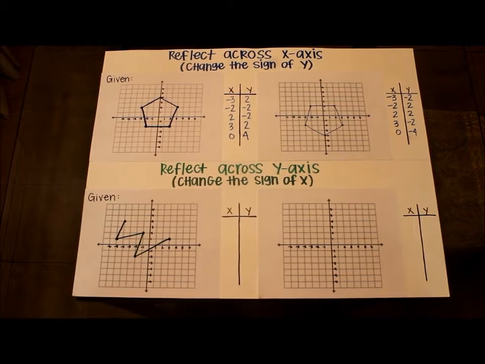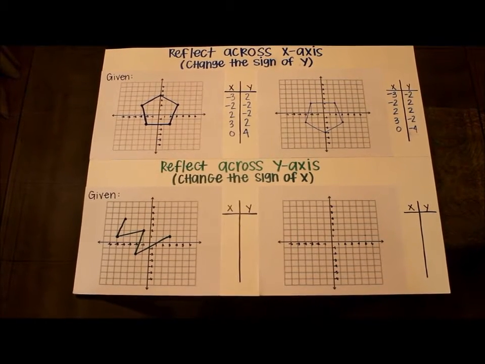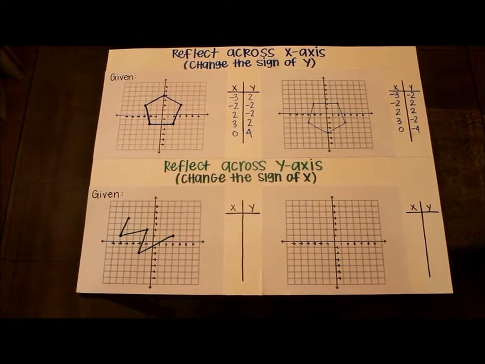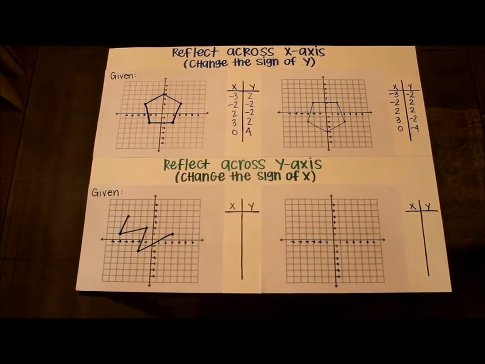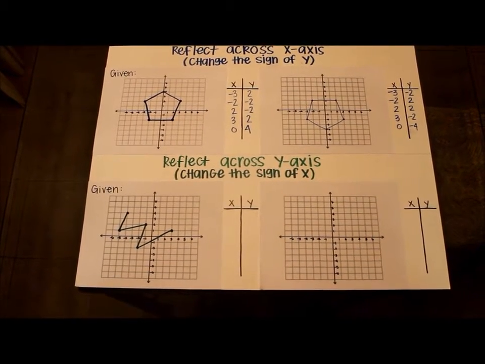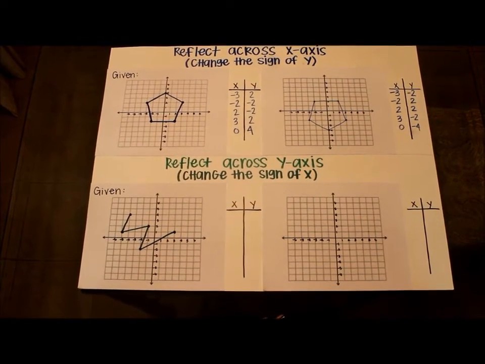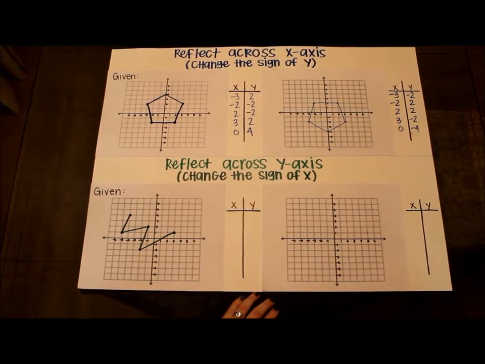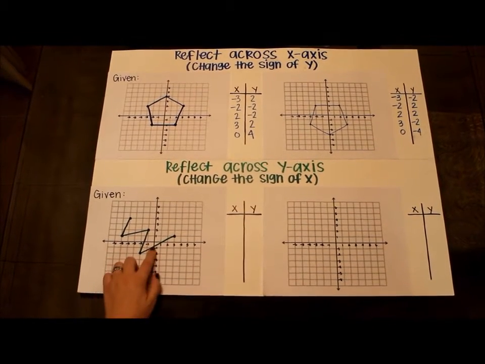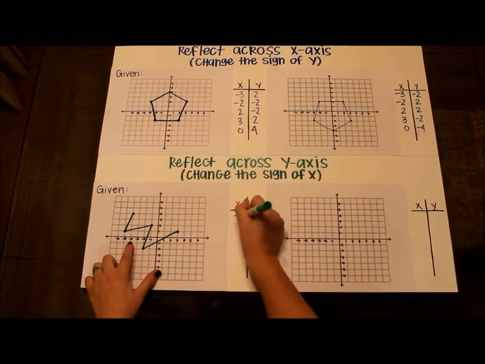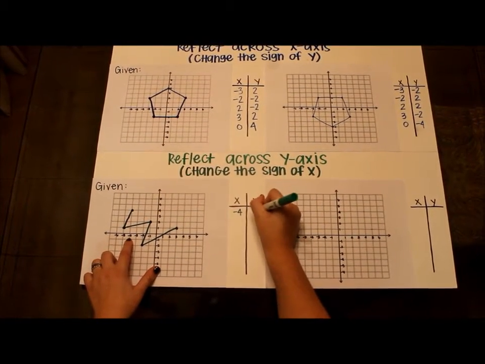In our second example, we are going to reflect across the y-axis. In order to do this, we are going to change the sign of our x-coordinates. So, in our given example, we are going to take the points of our line, and then we will put them into our xy table. For our first point, we have -4, up 4.